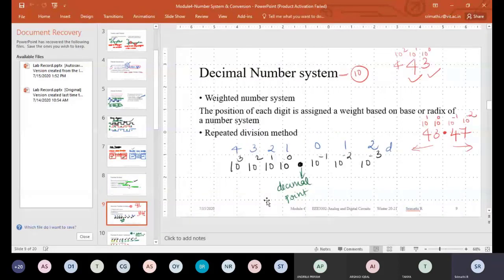We just started with two types of systems. The first type of system is the decimal number system. How you represent a decimal number in terms of a weighted number system, I have said already.